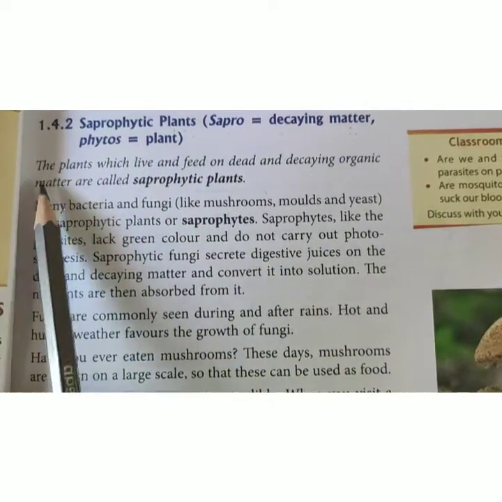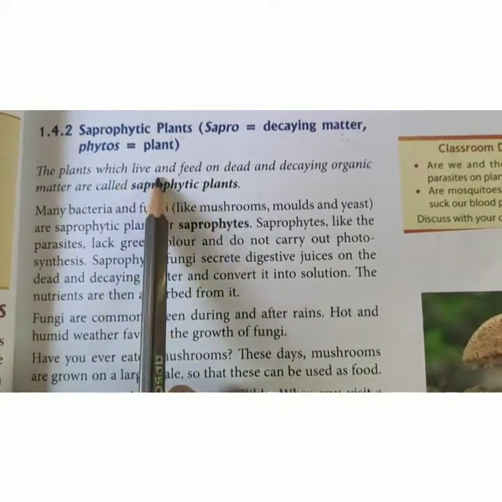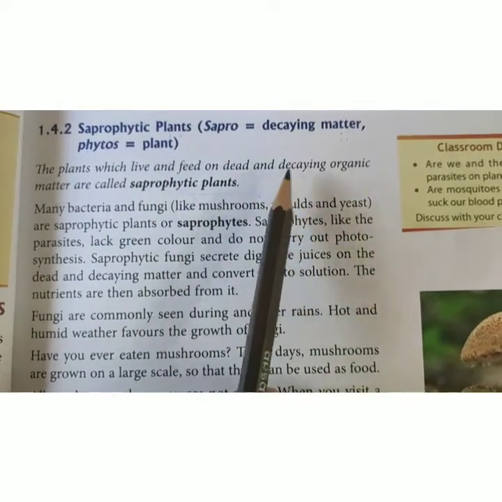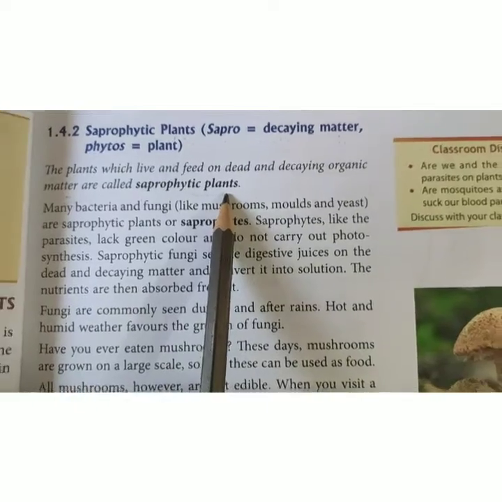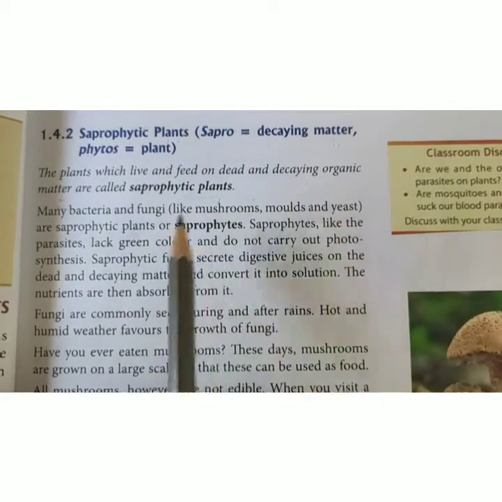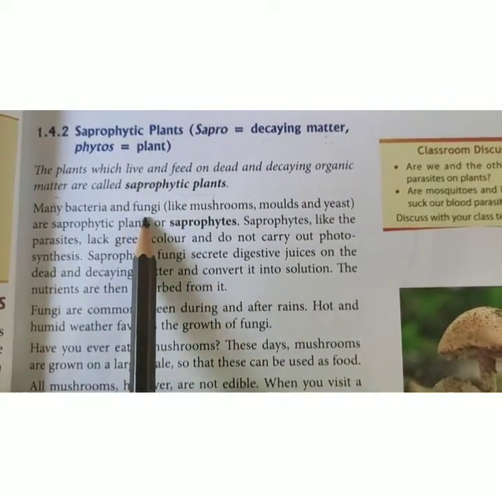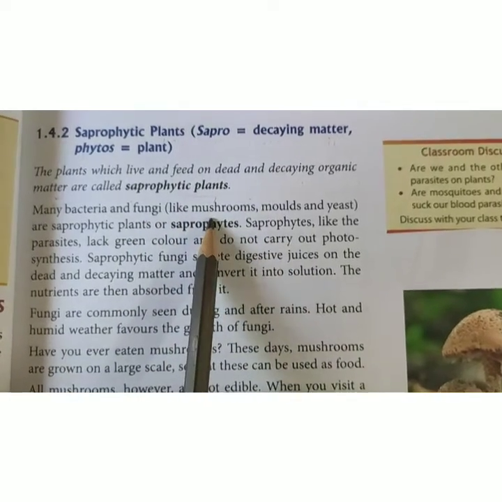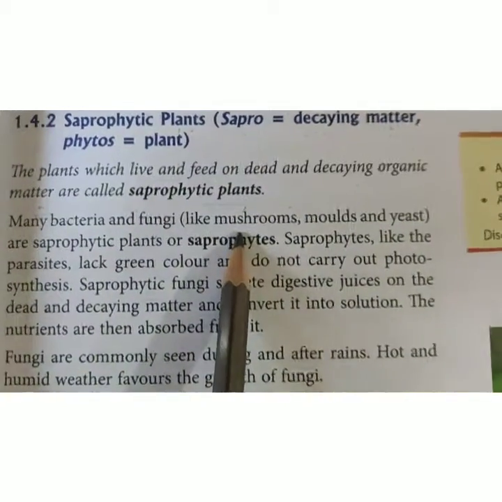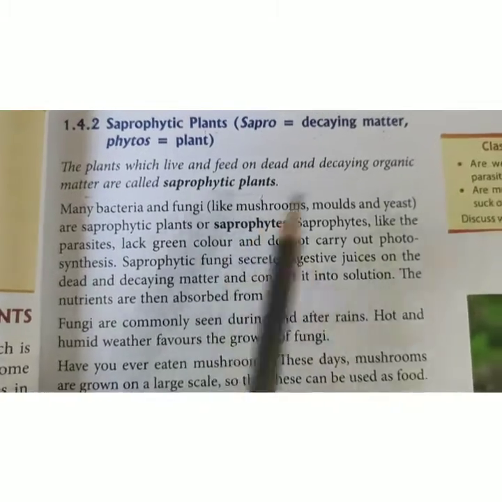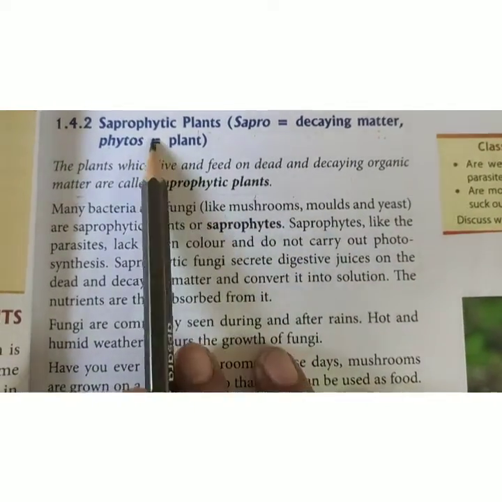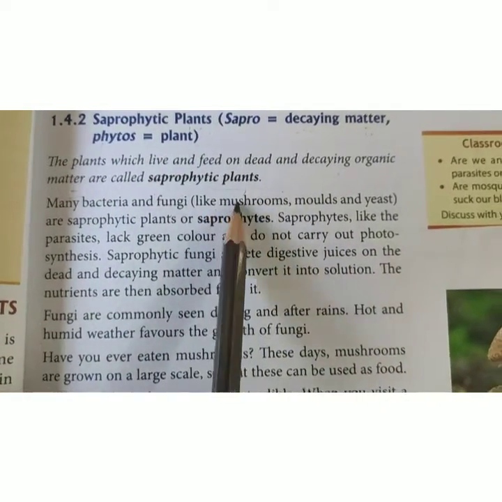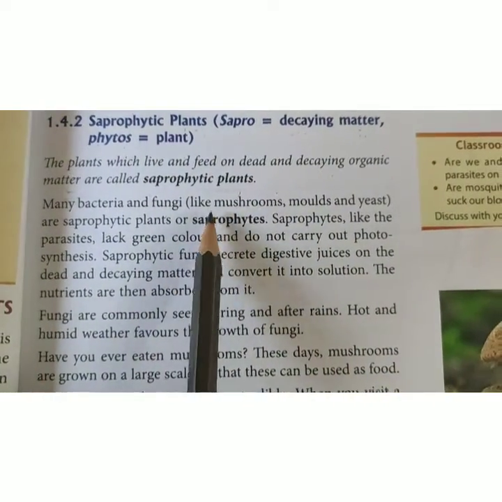The plants which live and feed on dead and decaying organic matter are called saprophytic plants. The best examples are bacteria and fungi, and among the fungi, mushroom. You all eat mushroom as food, so this mushroom is also a saprophytic plant. Now you will remember the example of a saprophytic plant.